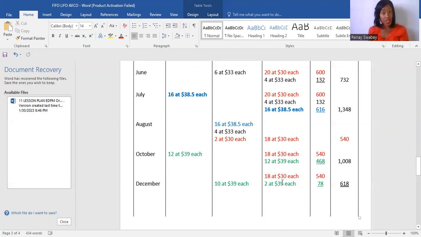So when she's doing stock taking at the end of December, she's going to realize that out of the 12 cases of strawberries purchased in October, 10 were sold. And we know that 12 minus 10 leave 2. And how much are they to be sold for? $39. So 2 times 39 equals $78. 540 plus 78 equals $618. So that's it for FIFO and for LIFO.